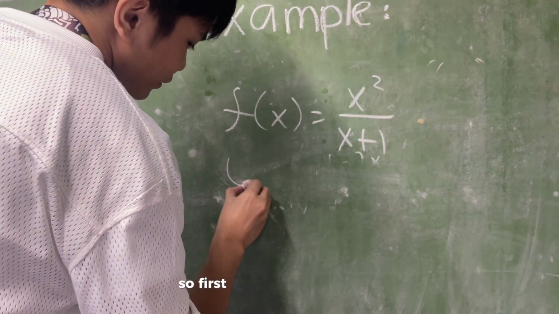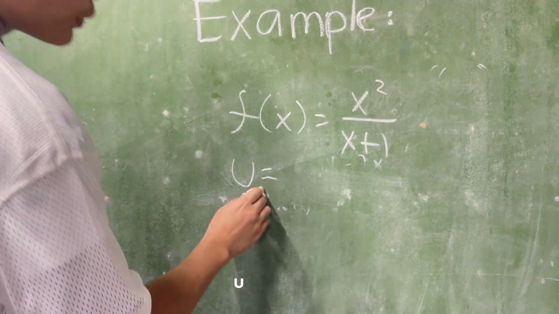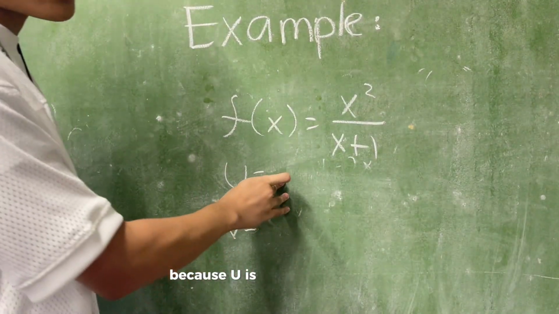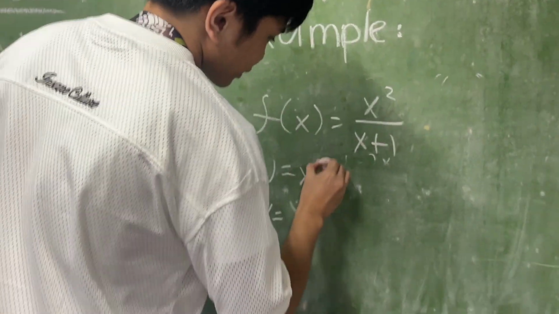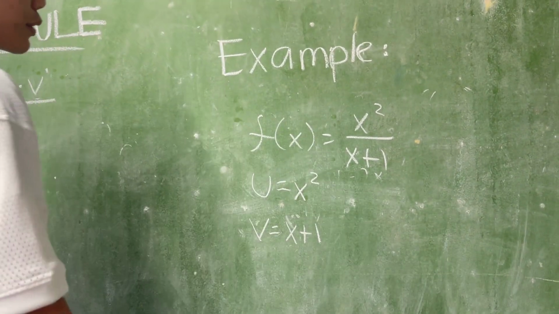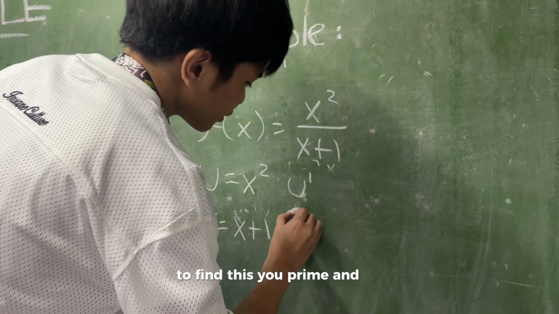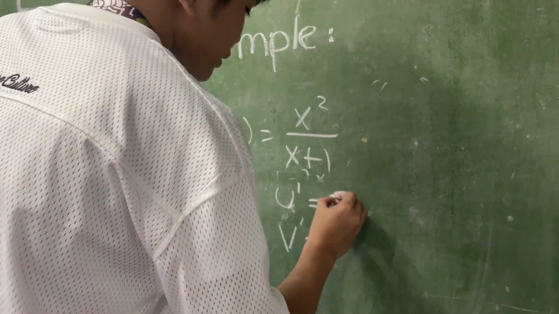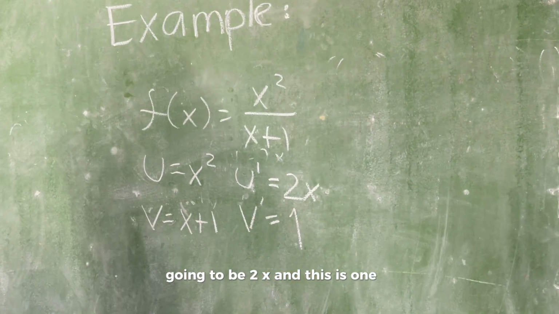First, u is x squared, because u is the numerator and v is the denominator. So we're going to find this u prime and v prime. This is going to be 2x and this is 1.